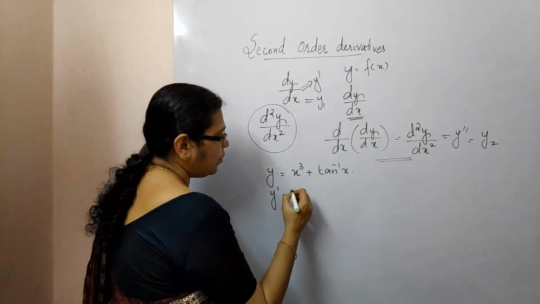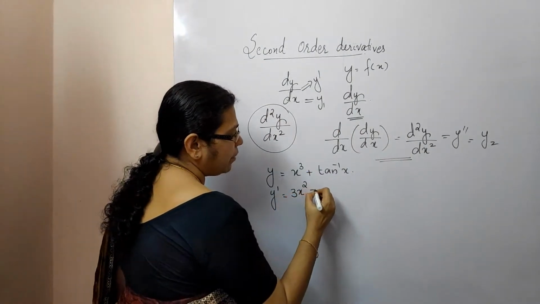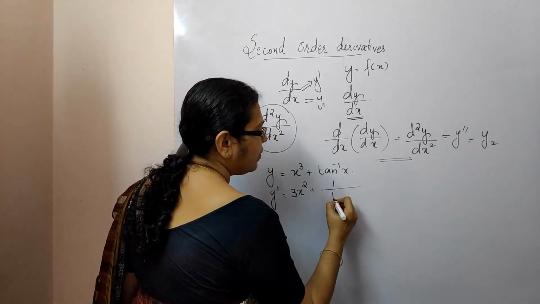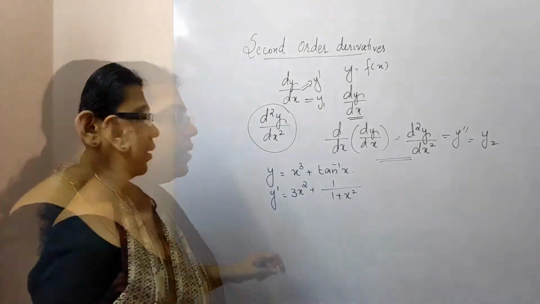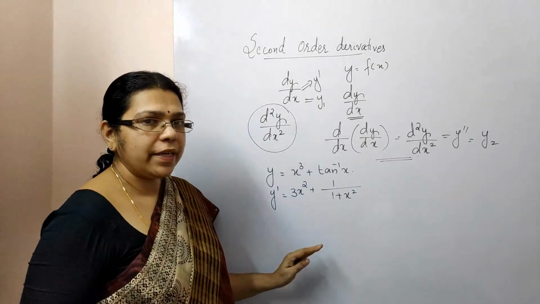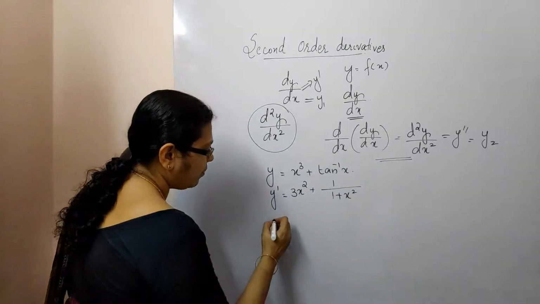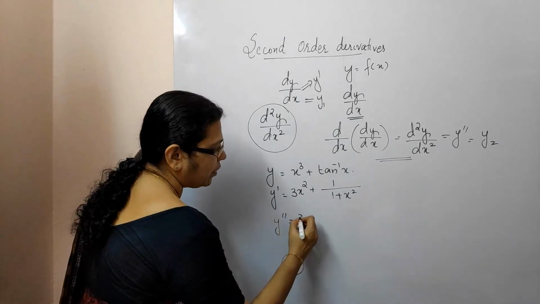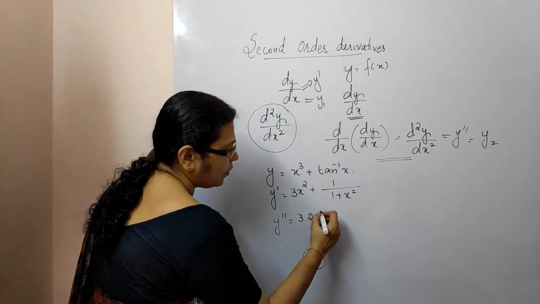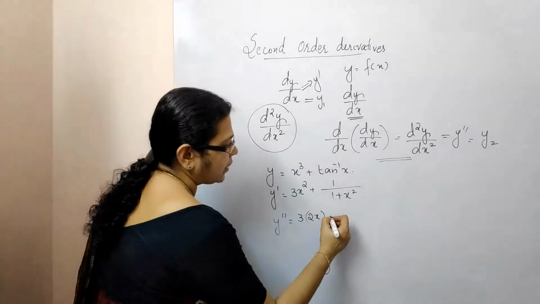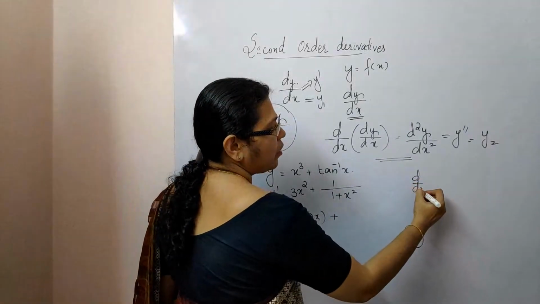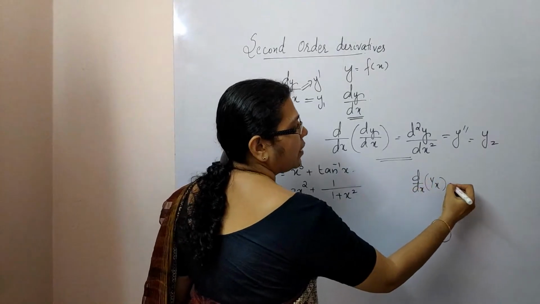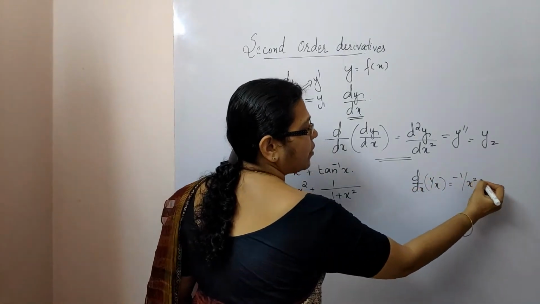So, x cube derivative is 3x square plus tan inverse of x derivative is 1 by 1 plus x square, isn't it? Okay, so now what we are going to find is the second order derivative given by y2 dash is equal to 3 into 2x, x square derivative 2x, plus what is the derivative of 1 by x? Minus 1 by x square, right?